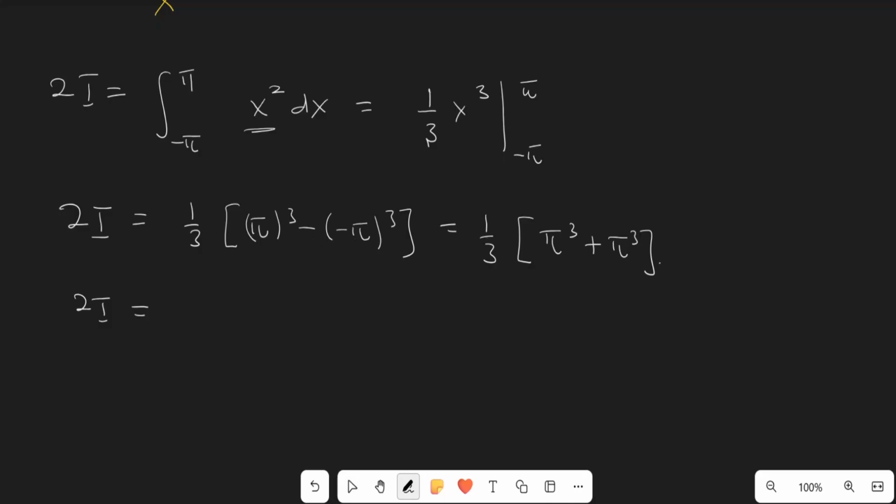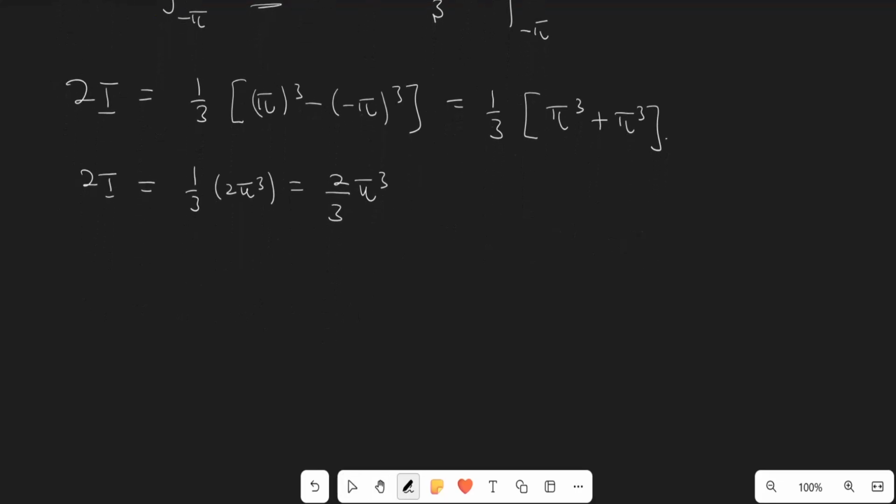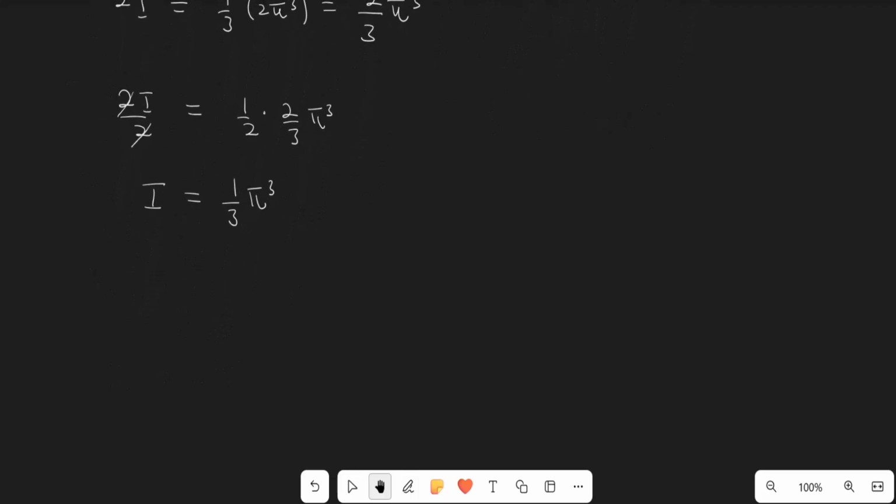So 2I really is going to be 1/3 of 2 pi to the third, and that is 2/3 pi to the third. So 2I is equal to that. We can divide by 2. And this cancels, and then your I is going to be 1/3 pi to the third. So that is the value of our integral.